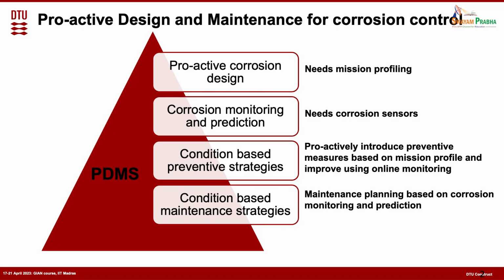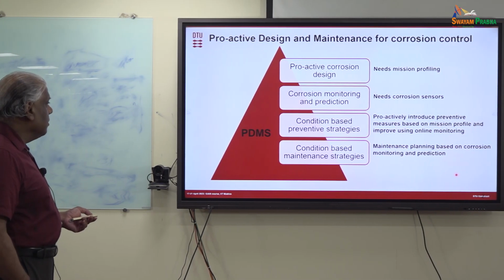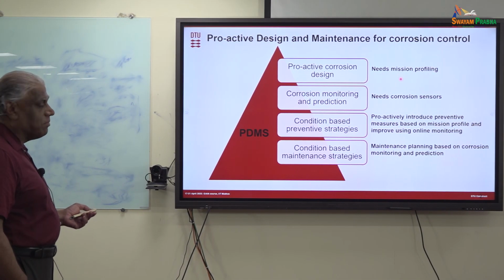So when it comes to PDMS, that is proactive design and maintenance for corrosion control, things like this come up. The first thing is proactive corrosion design itself. While designing the product, you make sure that the design is meant for reducing the corrosion problem. And in order to do that, you need to do the mission profiling.